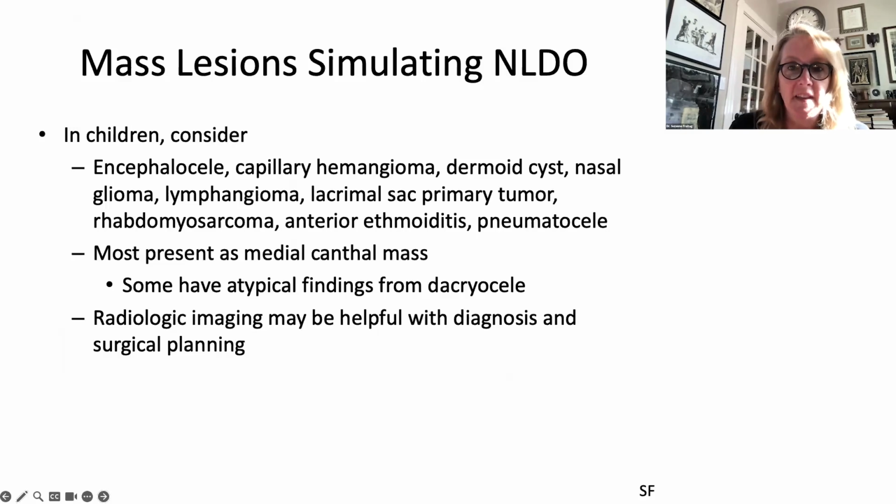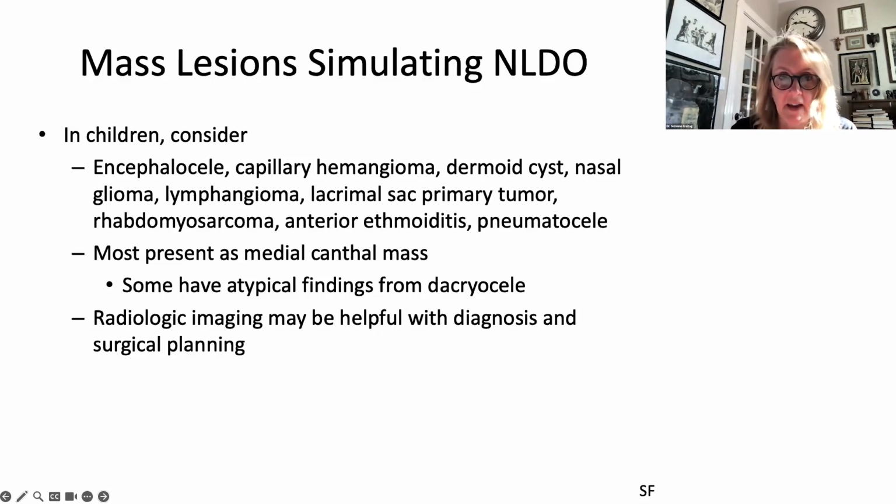So mass lesions can simulate NLDO. If someone has a lump in their medial canthus, we want to consider a lacrimal obstruction, but we don't want to miss an encephalocele. Now, encephaloceles usually have quite anomalous facial changes, and so you would see telecanthus or a widened nasal bridge area and some other changes. So, but we don't want to miss an encephalocele.